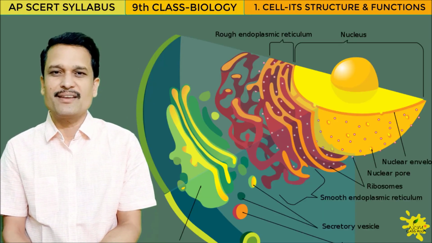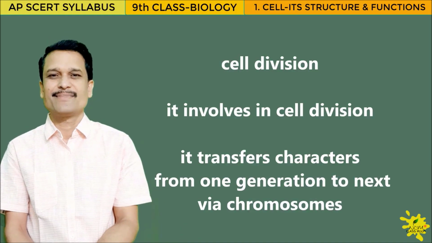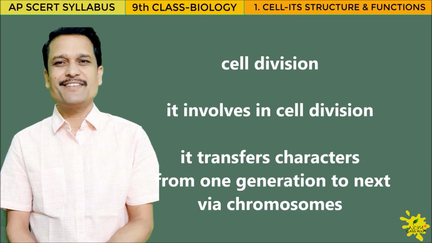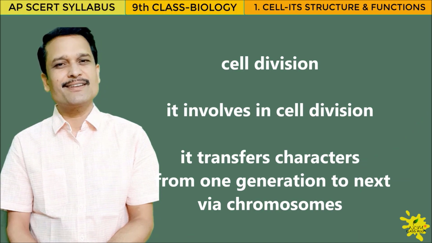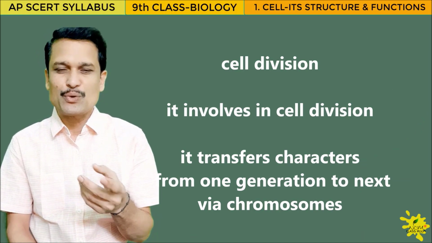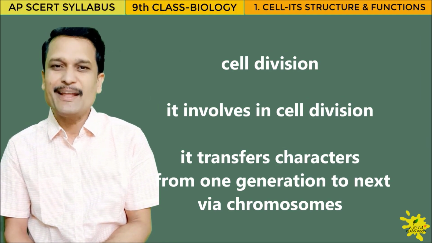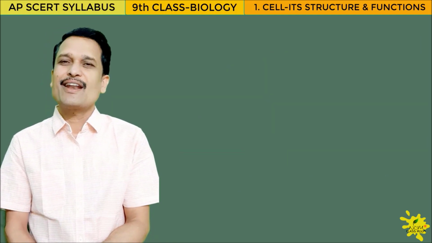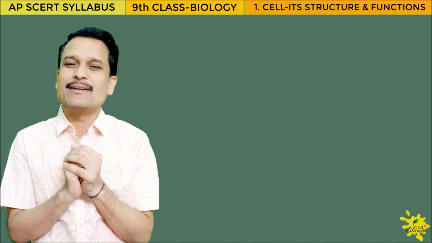Another major function is cell division. It transfers characters from one generation to the next generation in the form of chromosomes. They are the hereditary materials. Now let us continue with another subtopic, mitochondria.